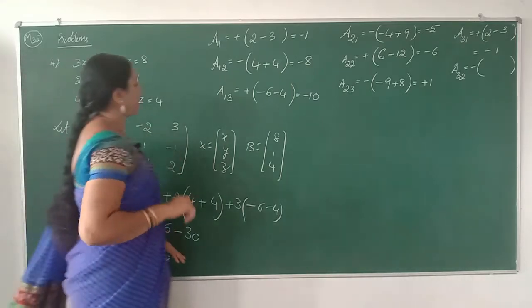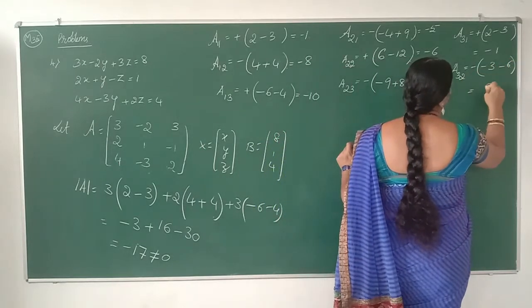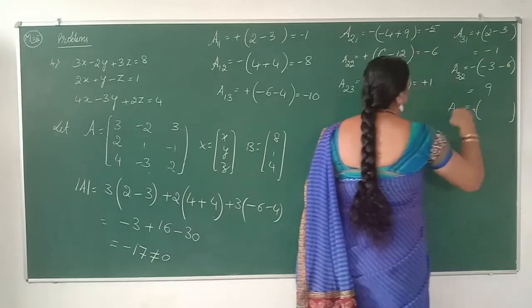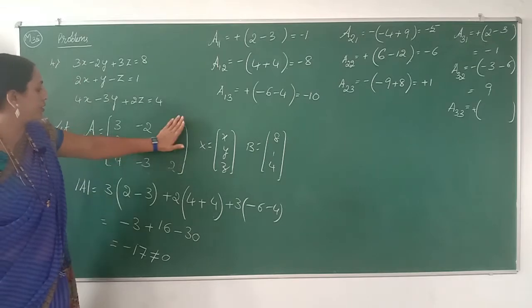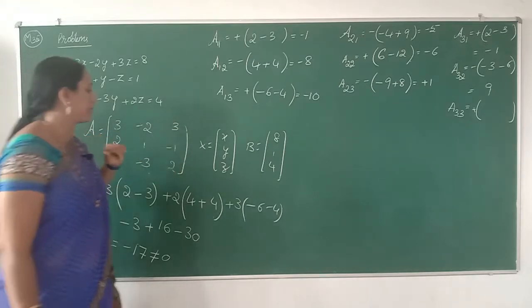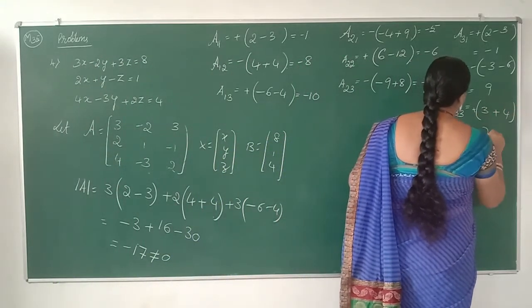That is minus 3 minus 6, so minus 3 minus 6 is minus 9. Minus into minus is plus 9. Then A33, multiplied by plus, an element of third row, third column, and these get neglected. Remaining are 3 plus 4 equal to 7.